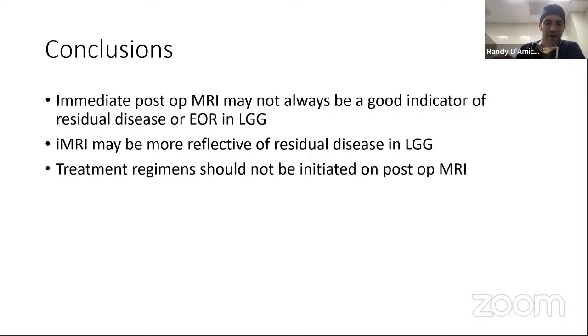I'm curious about the cost dynamics of just using that intra-op MRI and then eliminating that intermediate MRI. Any insight into what cost savings there would be if you skip that 24-hour one? Yeah, that's a good question.